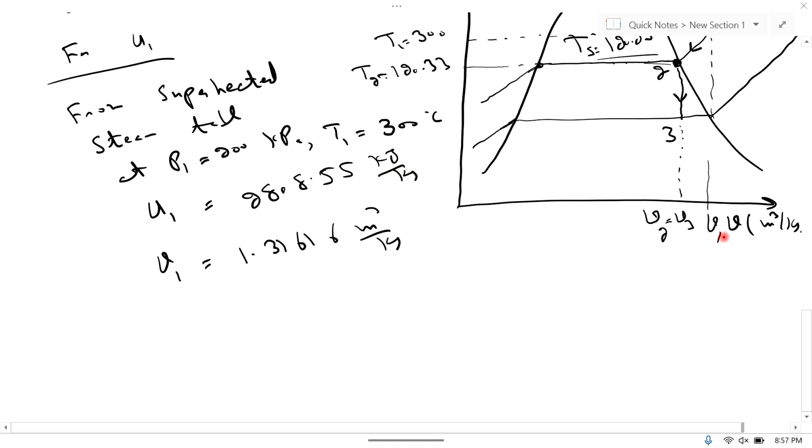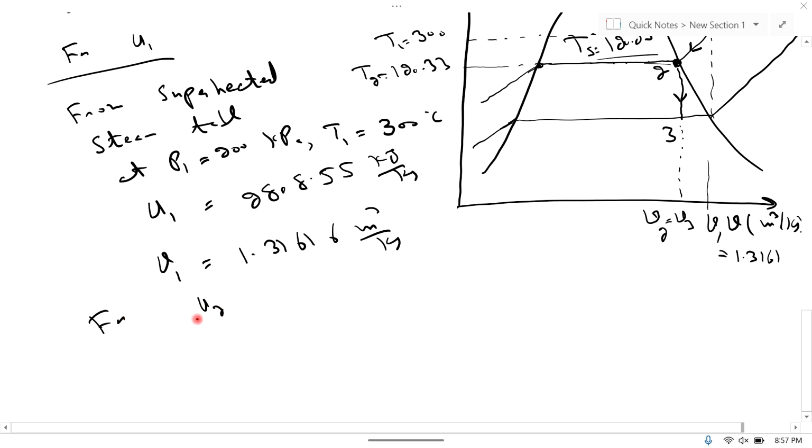So here you can write V1 is equal to 1.3161 meter cube per kg. Now we have to find U2.